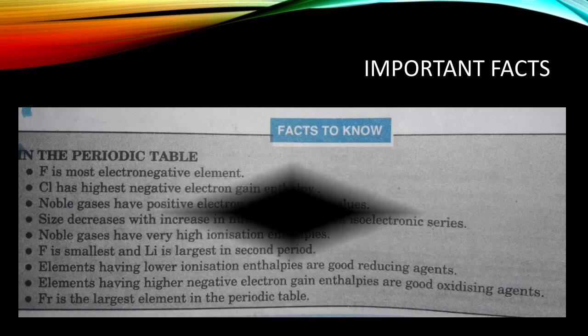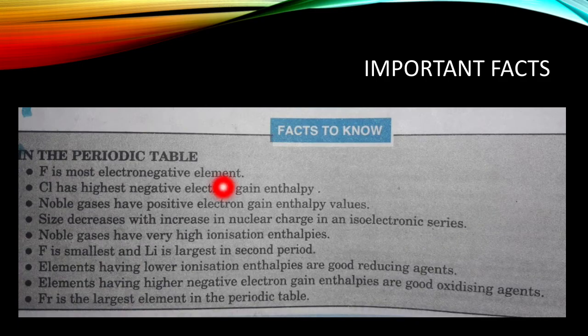Thereafter there are some common facts which you must know exactly. Some direct questions are there, like fluorine is the most electronegative element of the periodic table. Chlorine has the highest electron gain enthalpy. Noble gases have positive electron gain enthalpy values. Size decreases with increase in nuclear charge in an isoelectronic series. This isoelectronic series is most important here.